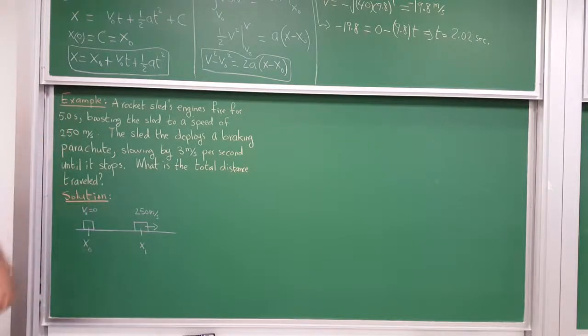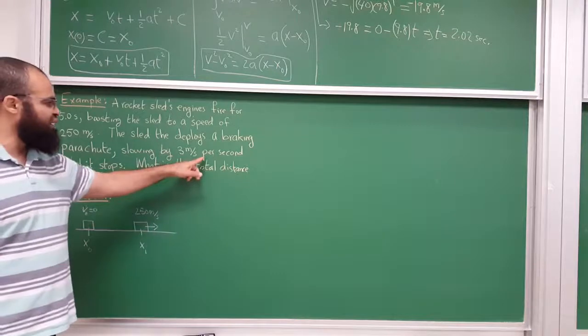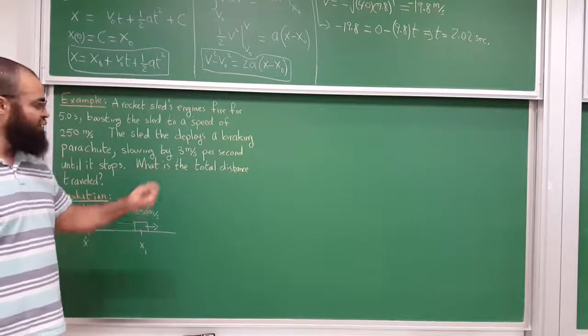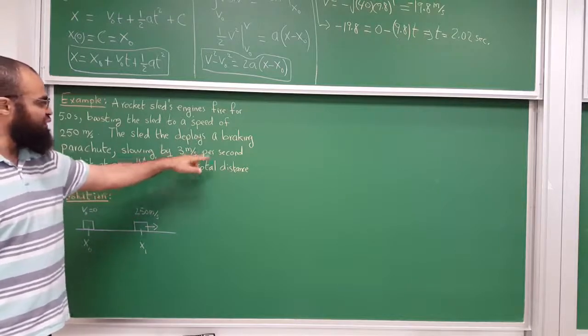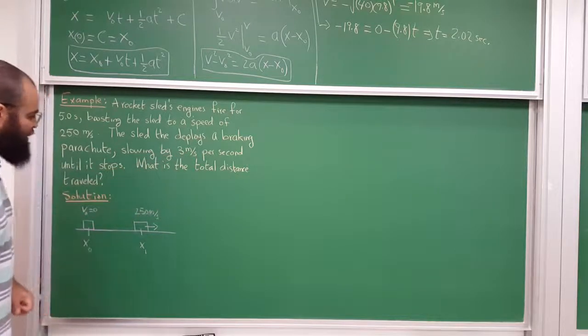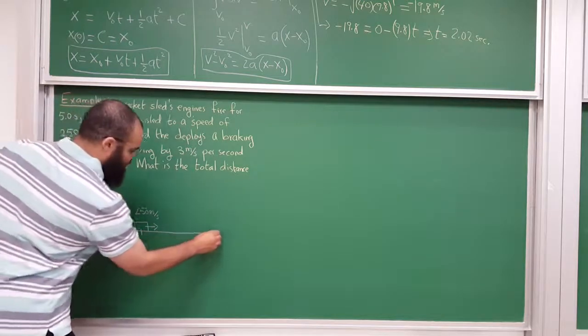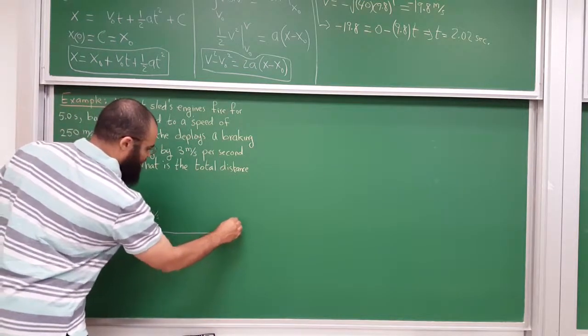So it accelerates. Then the engines will shut off, and the sled will deploy a braking parachute. And then it starts to slow down, at a rate of 3 meters per second squared, meaning the acceleration is 3 meters per second squared, right? It slows down until it gets to here.